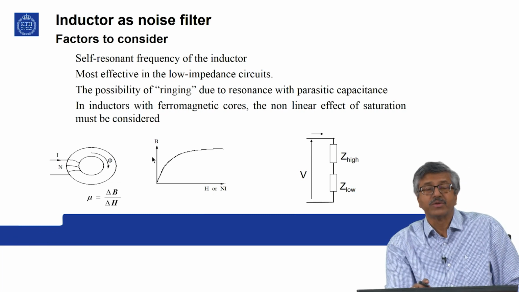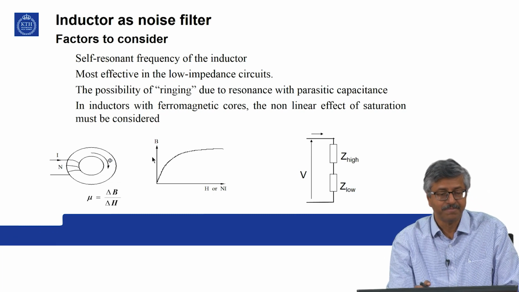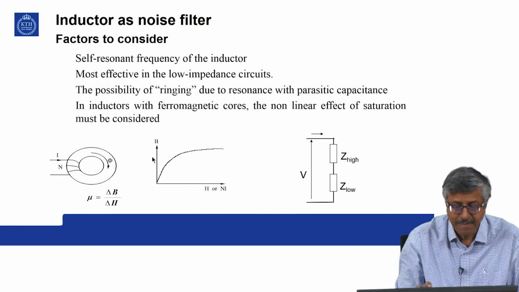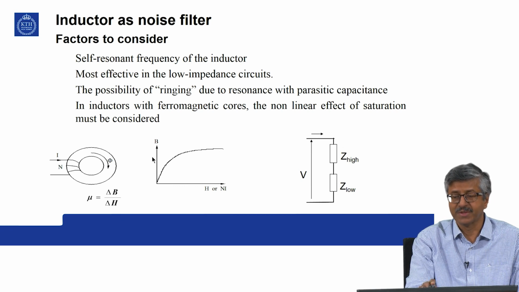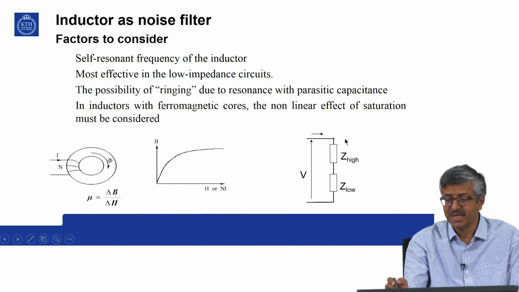Inductors are also used as a noise filter. So what are the factors to consider? One is the self-resonance frequency of the inductor, and inductor is most effective in the low impedance circuits.